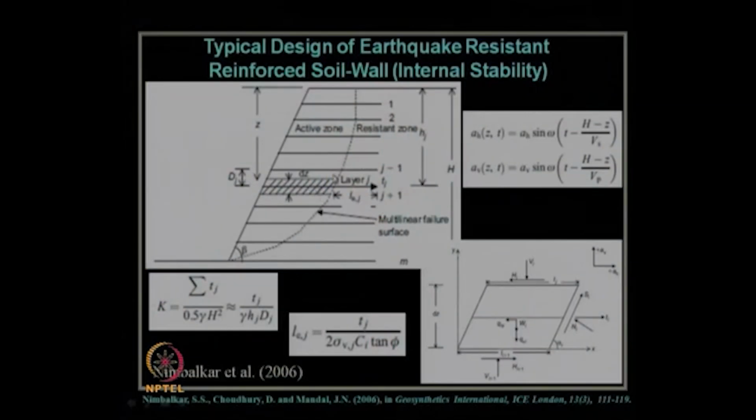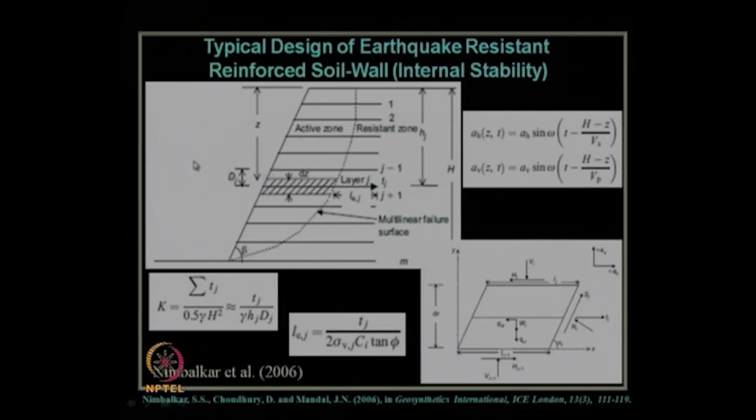These all aspects come under the criteria of internal stability of the reinforced soil wall. And what comes under external stability? External stability is nothing but the entire reinforced soil wall zone should not fail against sliding and overturning; those come under external stability.